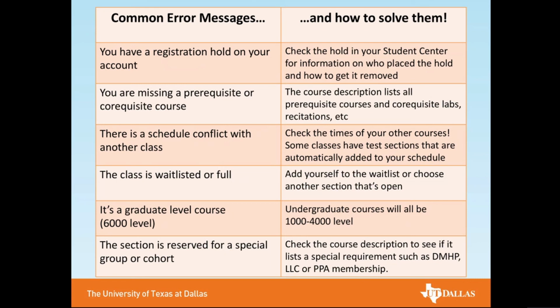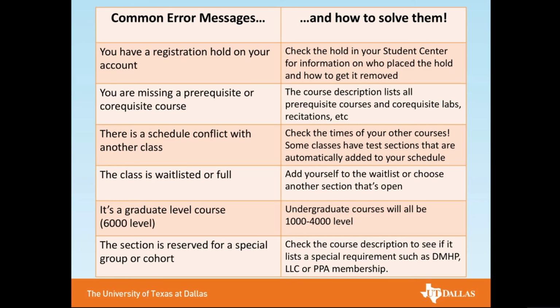As an undergraduate student, you can only register in courses that are 1,000 to 4,000 level. A 6,000 level course is simply for graduate students. So only master or doctorate students can register in 6,000 level courses.